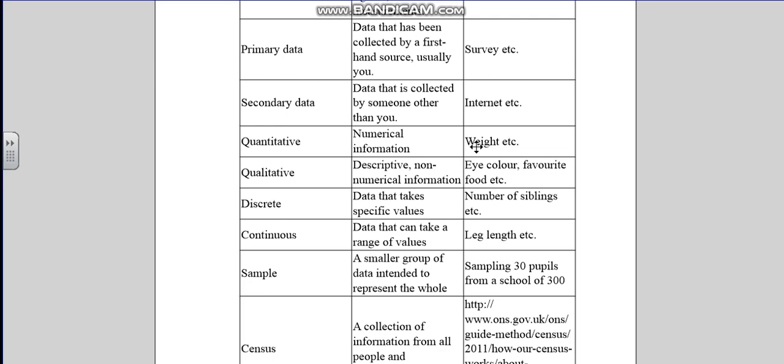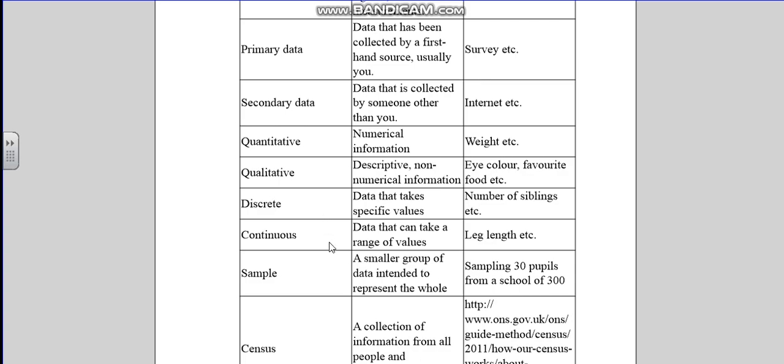All of those are quantitative. And qualitative is descriptive data, so it's normally words. Okay, so non-numerical, so it might be your eye colour, your favourite food, your favourite pet, all of those things are qualitative.